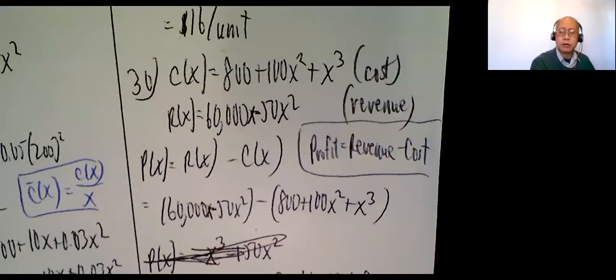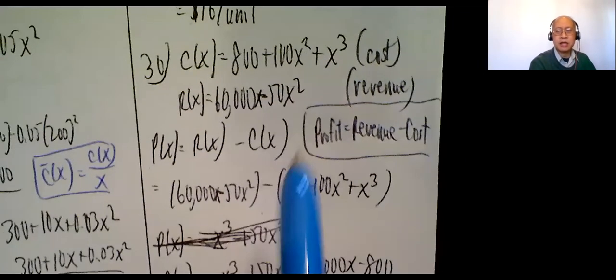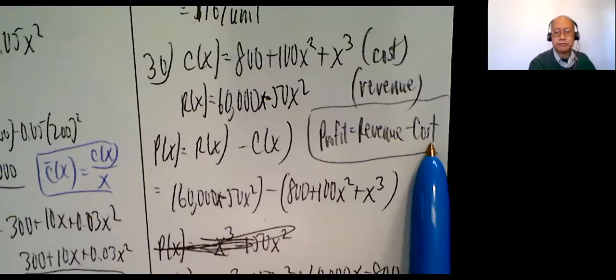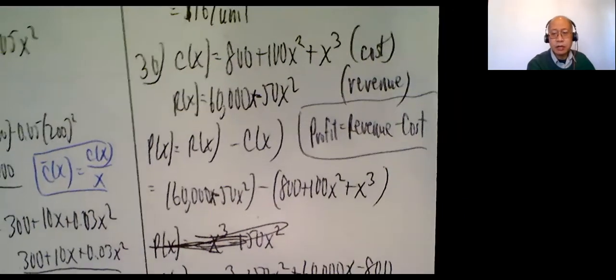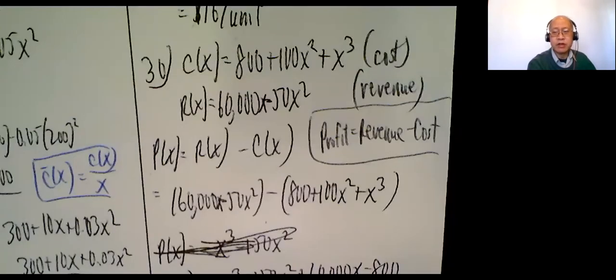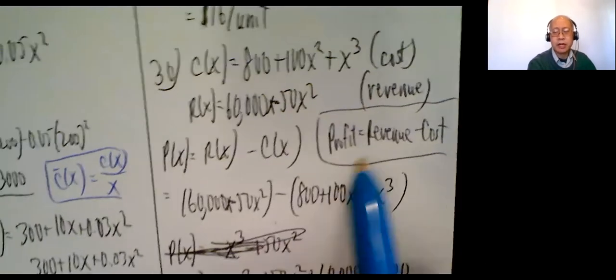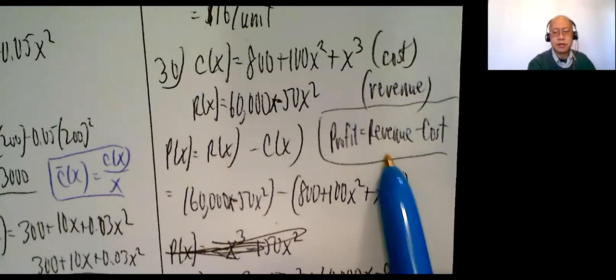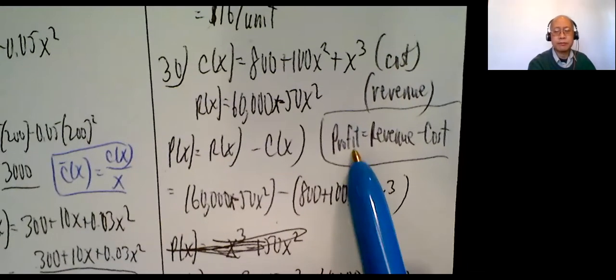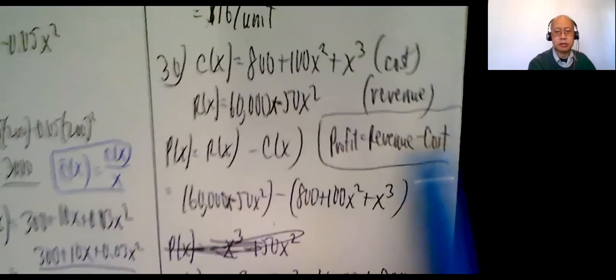If it's a negative number, you're losing money because the amount coming in is smaller than the amount going out. They could be equal. That's called break even. Break even means the amount coming in and the amount going out is exactly equal. You don't have to write that down, I'm not testing you on that, but break even means revenue equals cost.